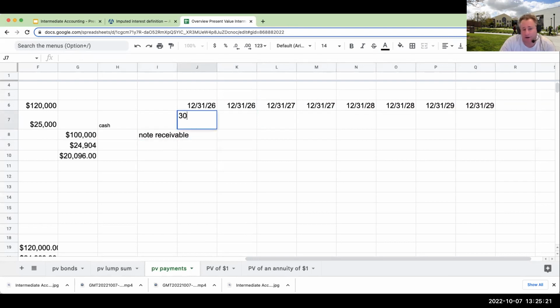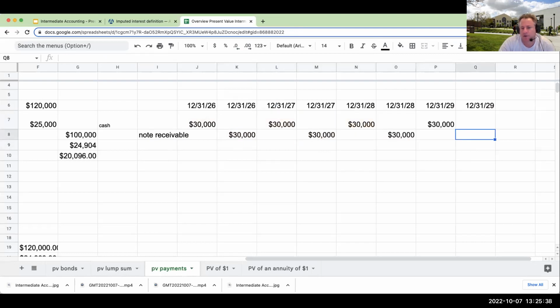Every year, I'm going to get 30 grand, and it's going to reduce the carrying amount of the note by 30,000. I'm going to do this approximately 4 times.